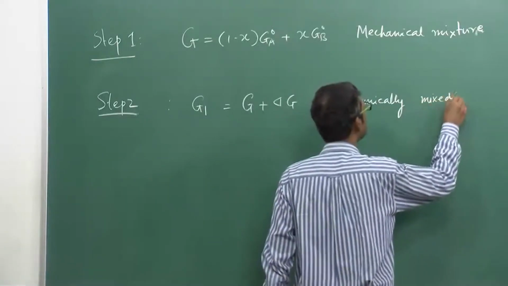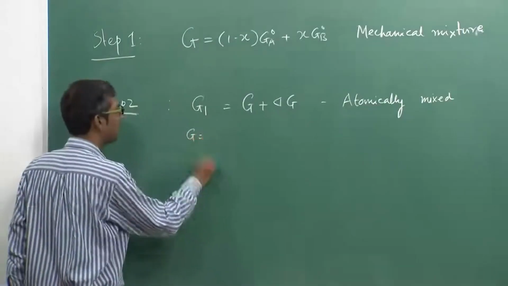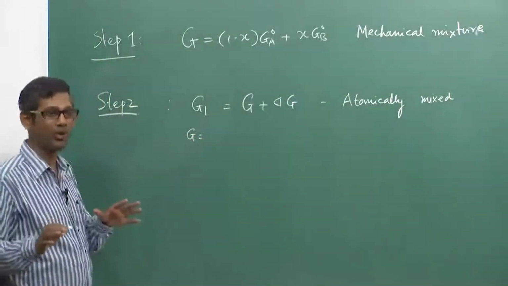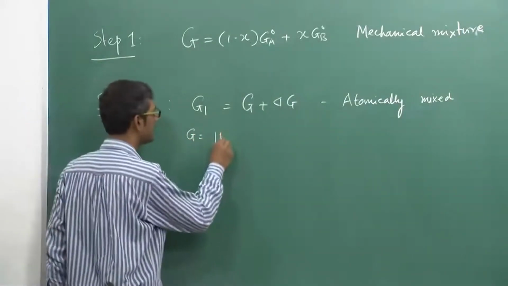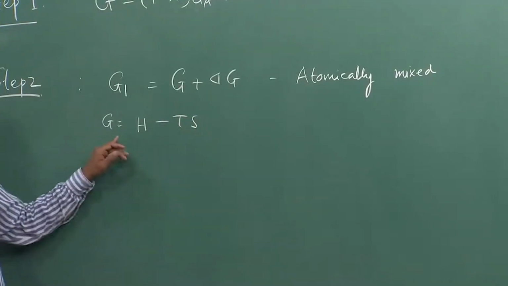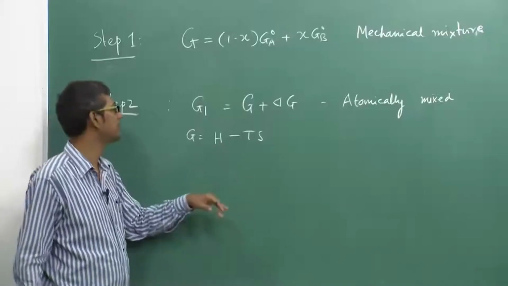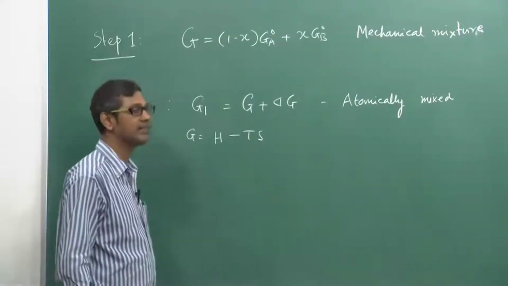So what is happening if I mix atomically? We know that G is the free energy. I assume you know all this stuff, because I have already told you: G is given by H minus TS, where G is the Gibbs free energy, H is the enthalpy of the system, T is the temperature and S is the entropy.